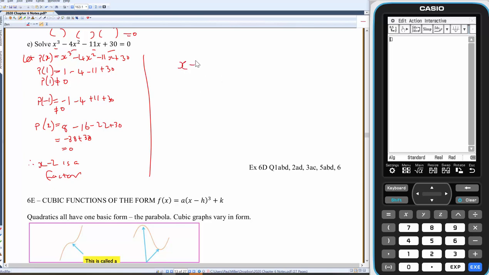So here goes the long division. X take 2 into x cubed take 4x squared take 11x plus 30. All right, let's pound out the long division. X squared, x cubed, take away 2x squared.